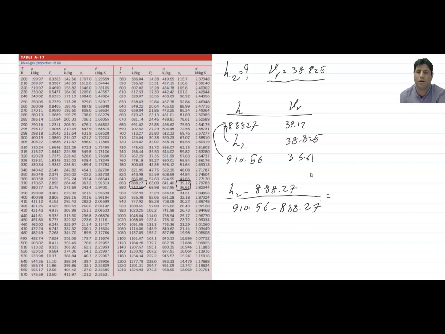This is equal to, again with the same procedure, first this, next this: 38.825 minus 39.12 divided by 36.61 minus 39.12. So we have here this equation.